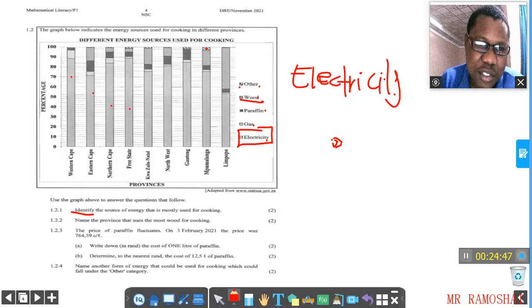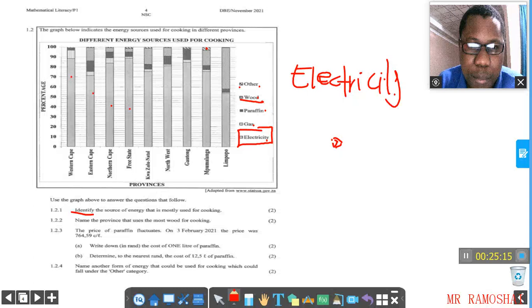Alright, KwaZulu-Natal now is beating Eastern Cape. So far KwaZulu-Natal is the province that uses most wood for cooking, but we are not done. Then we compare it with Northwest. KZN is still high. Then we go to Gauteng, they are not using wood for cooking. Then let's go to Mpumalanga.